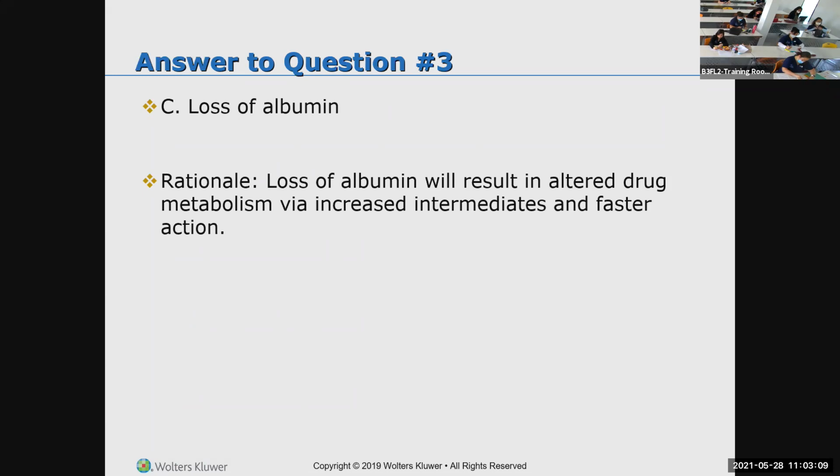Albumin is a larger plasma protein, normally not allowed through glomerular filtration. Patients with chronic kidney disease also suffer from hypoproteinemia. Albumin is one of the proteins.